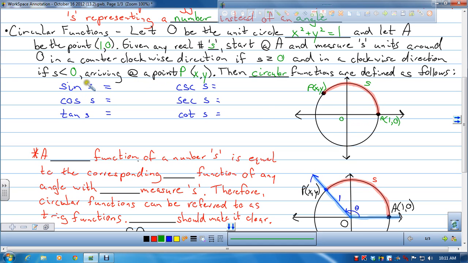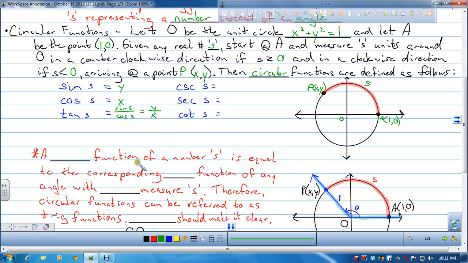Therefore, the sine would be y over 1, or simply y. Cosine would simply be x, because it would be x over 1. Now tangent of s is equal to the sine of s over the cosine of s, which is y over x. That should ring a bell.